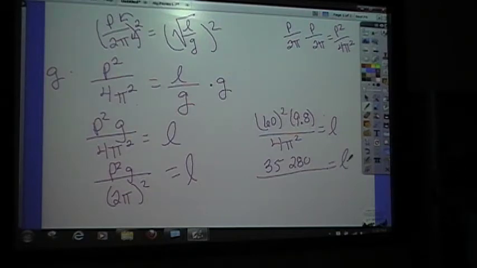4 pi squared, which is 39.478-ish. I'm putting ish because that decimal goes on. I divide.